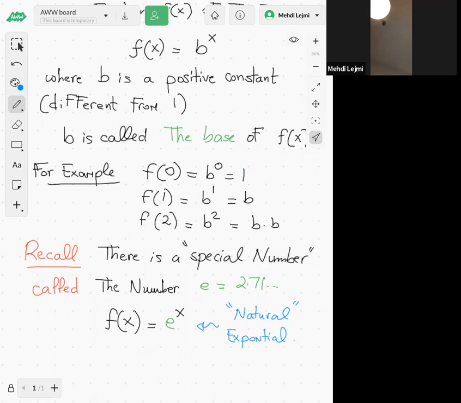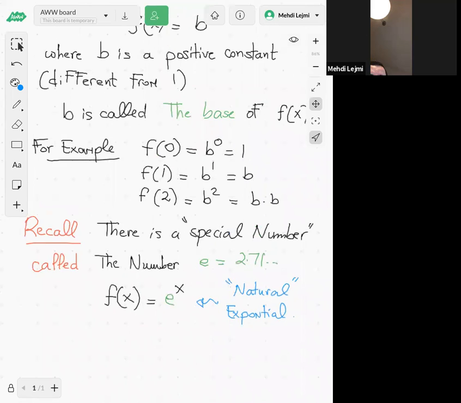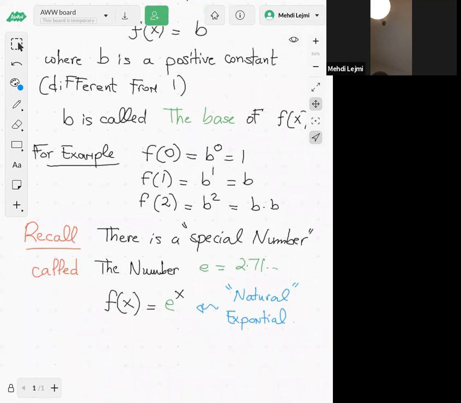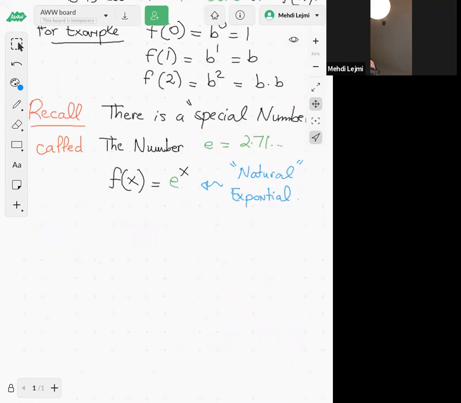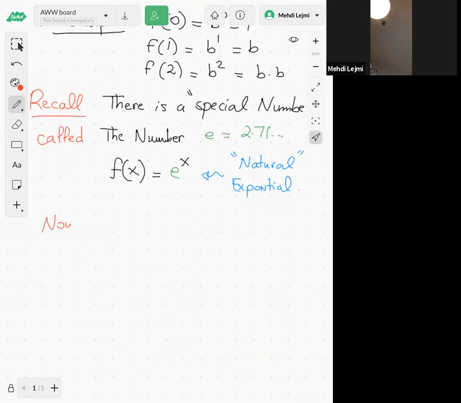Now for the logarithmic function. The logarithmic function is supposed to be the inverse of the exponential. So f of x is equal to b to the x. This is my exponential function.